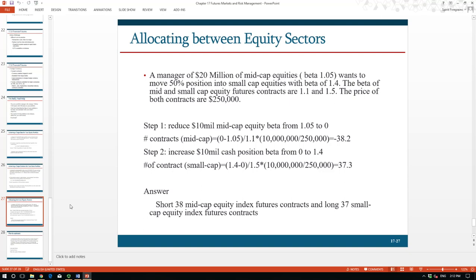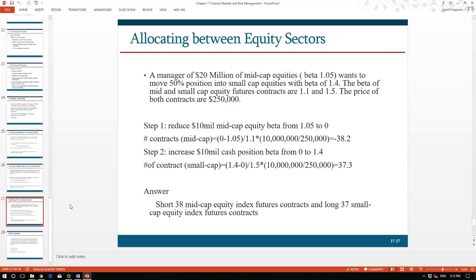Right? So the first thing is to replicate synthetic cash without selling equity. So here you simply want to reduce the beta of your $10 million mid-cap equity from 1.5 to 0. Beta equal to 0 means it's synthetic cash.